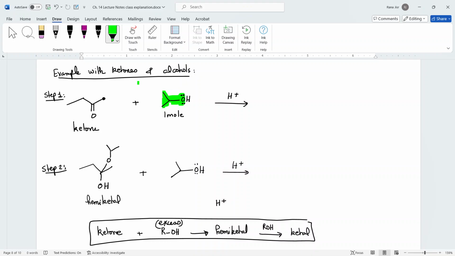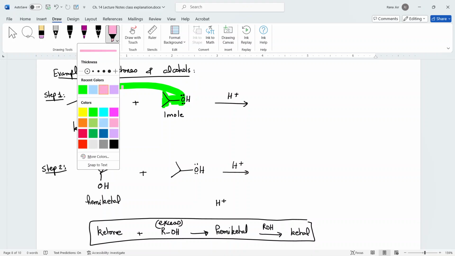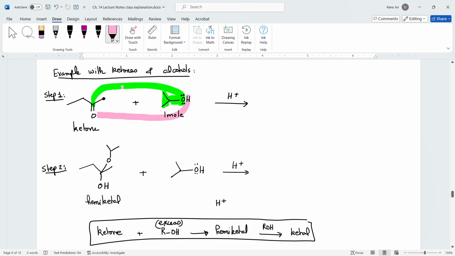I said that the OR can be any OR in there. So we said that the OR is going to come and add to the carbon, and the hydrogen is going to add to the oxygen. So I'm going to create now my hemi, but it's not going to be an acetal anymore. We're going to call it a hemiketal, okay, because I'm starting from a ketone.